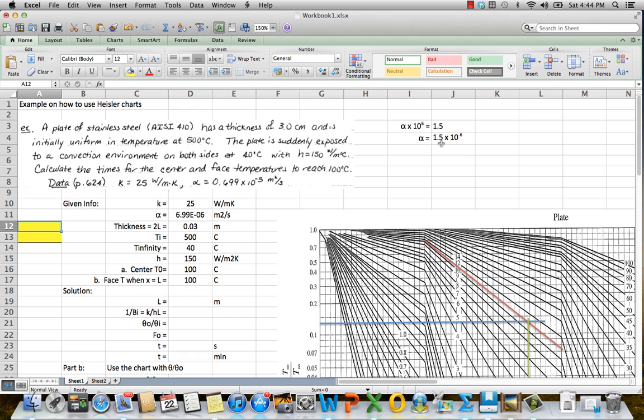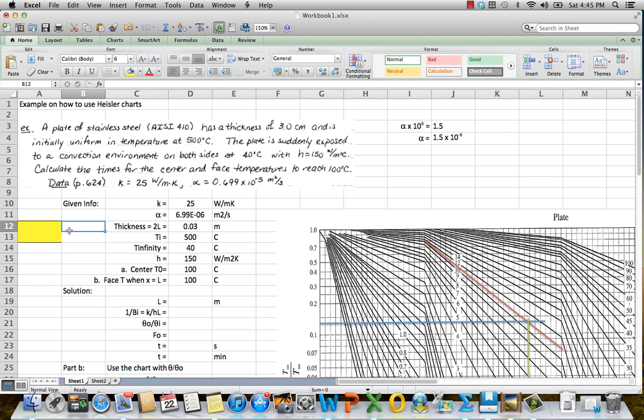That's going to be really important when you're reading those tables, or you're going to get some strange answers that make no sense. Now the other thing is they talk about the thickness. So the thickness is 0.03 meters or 3 centimeters, and thickness is the distance from the lower edge to the top edge of our little plate.